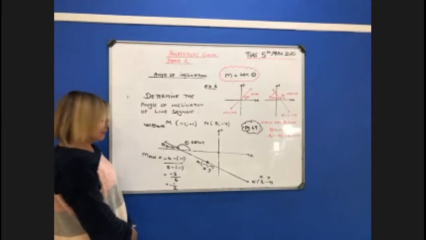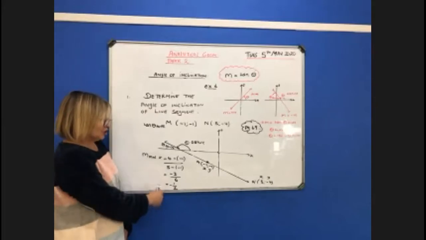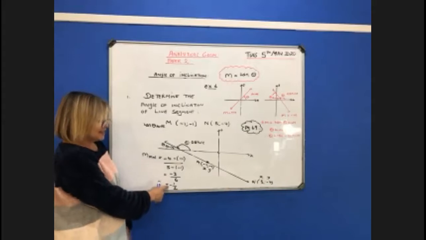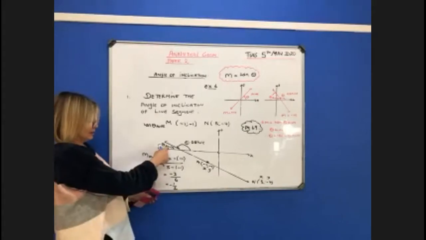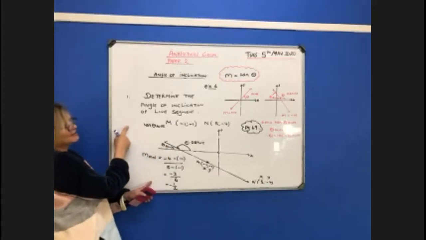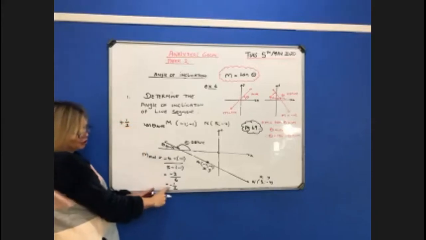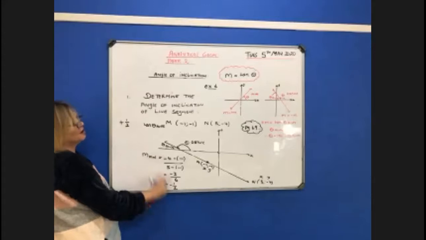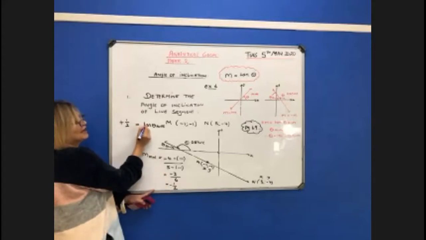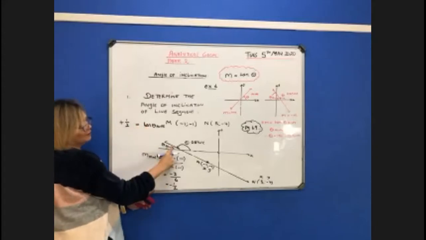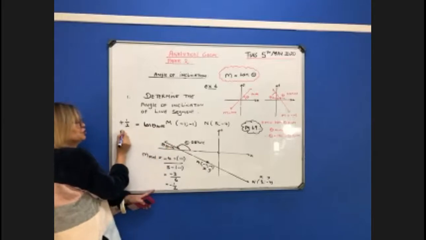Having got the gradient, to find the acute angle, just make the gradient positive. So positive a half equals tan of the acute angle theta.